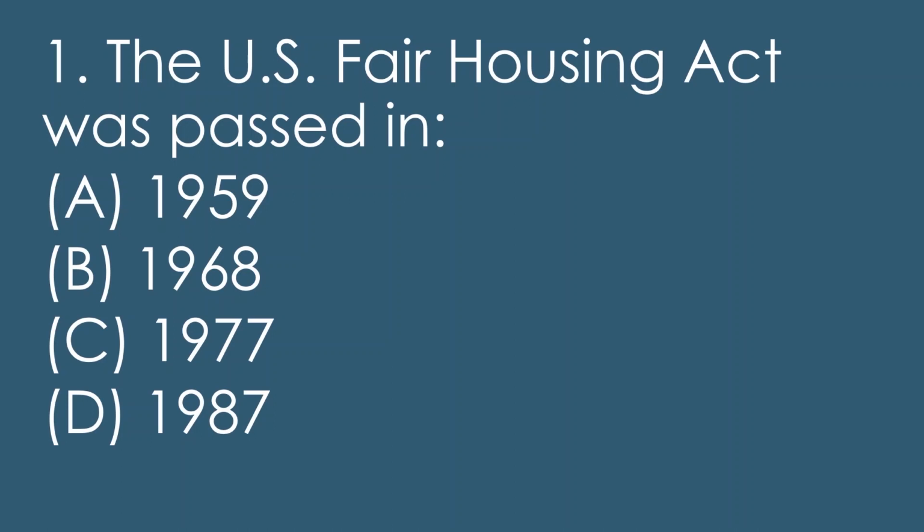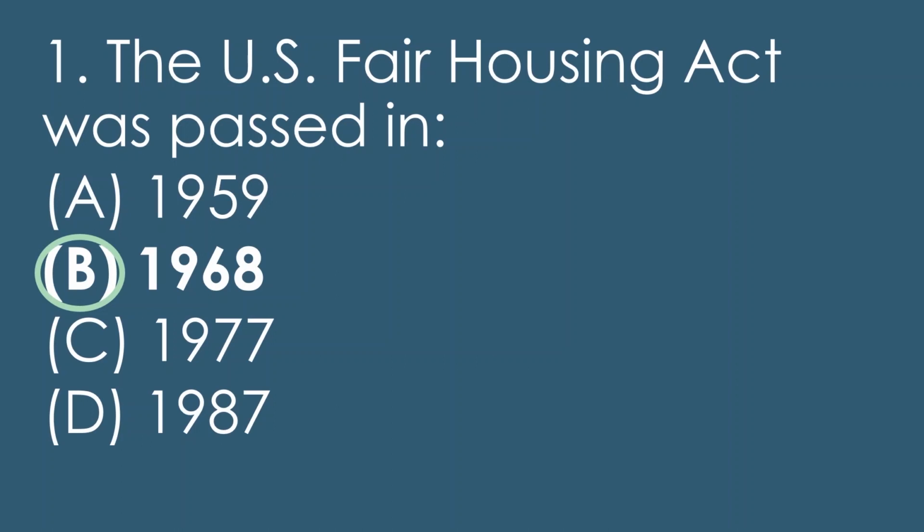The first federal fair housing law was the Civil Rights Act of 1866, which was largely ignored for about 100 years. That's when the Civil Rights Act of 1968, which we call the U.S. Fair Housing Act, was implemented. And so the correct answer is 1968. You need to make sure you have this one, because this became the main federal fair housing law.